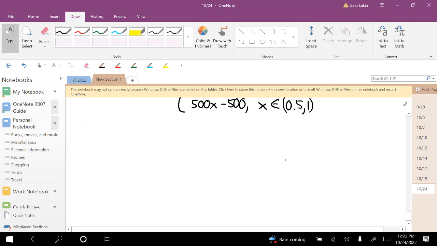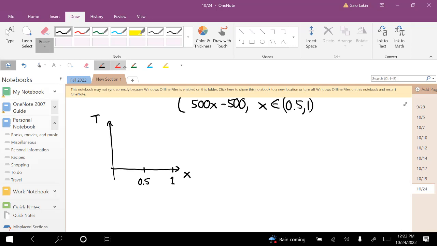And if you want to see what these look like, you can think of plotting these as functions. So there's 0.5, there's 1, the x-axis is x, this is T. Well, T is just 0 the whole way.